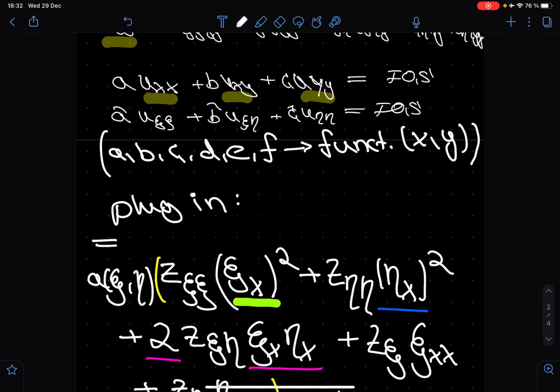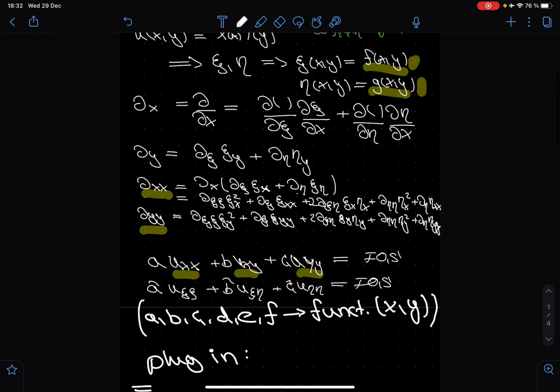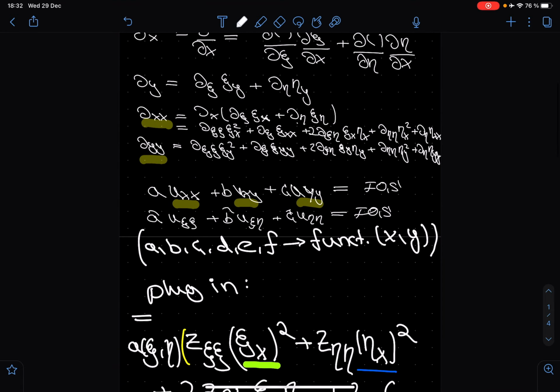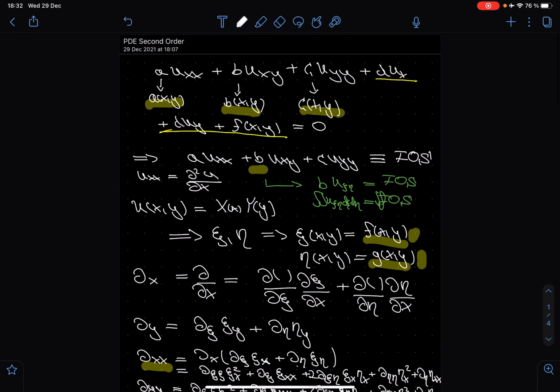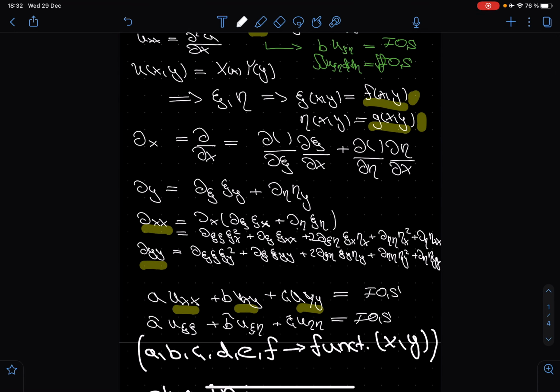If you plug in these coefficients, so what I've done is, this is from another lecture, you have to know that if you introduce new coordinates and you have a function u of xi, eta, so let's assume you have u(x,y), it is also the same as a new function of xi and eta, because we're just giving it a new name.